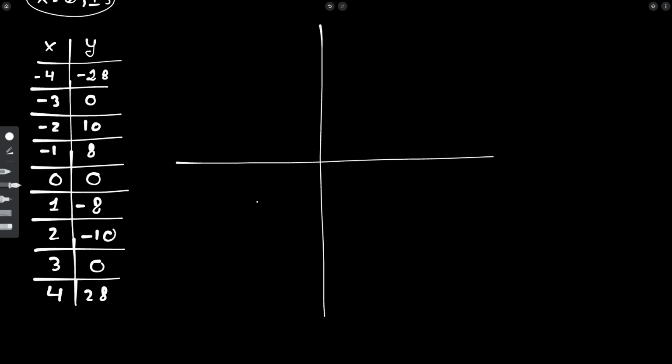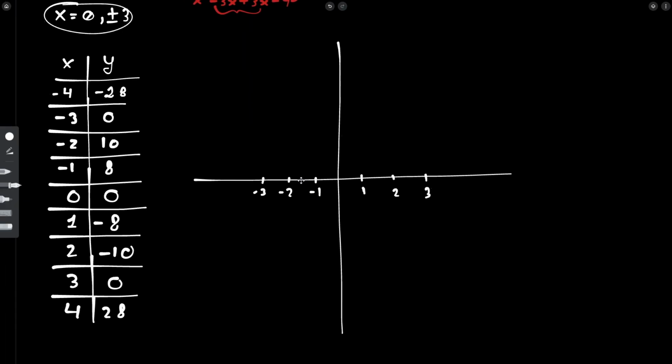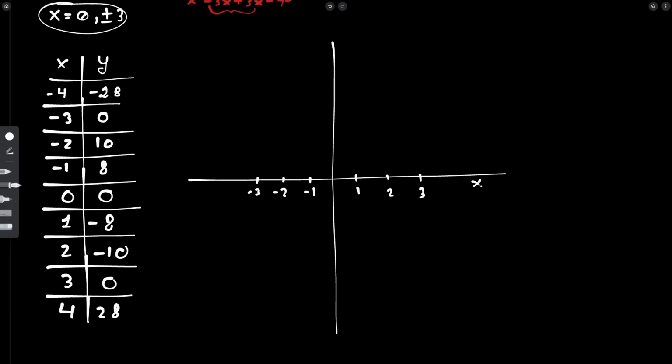These values are really large, so I'm going to make the y intervals a lot larger. So I'll do here 1, 2, 3, -1, -2, -3. And for the y-axis, I'll use intervals of 5.